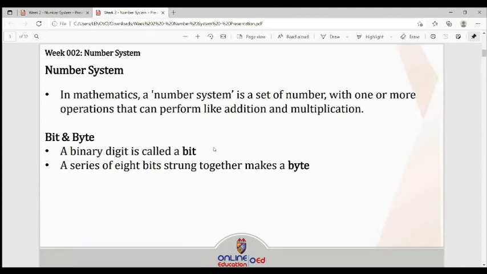We have 1 and 0, that is a bit. If we combine those 1s and 0s, that becomes a byte. A series of 8 bits strung together makes a byte. So a byte is larger than a bit.